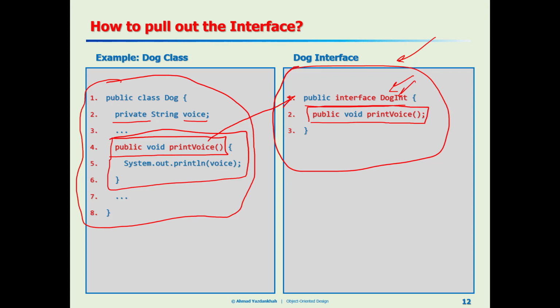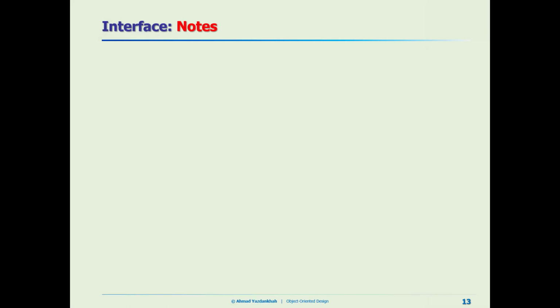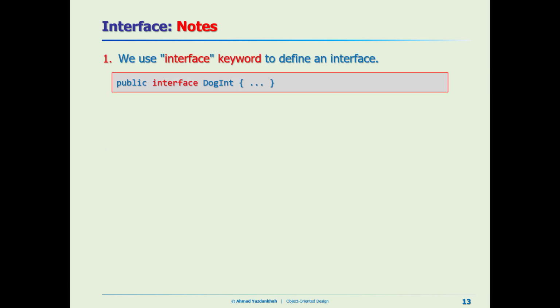So now let me give you some notes on how it works. First of all, you saw that we use the keyword interface like this, public interface, and we gave a name to our interface.